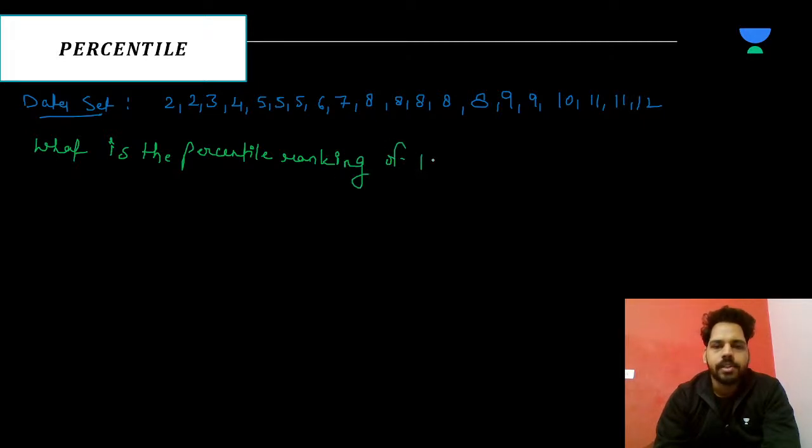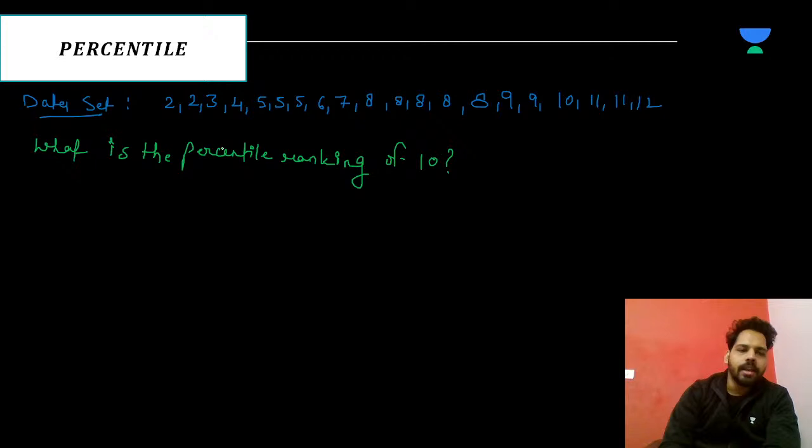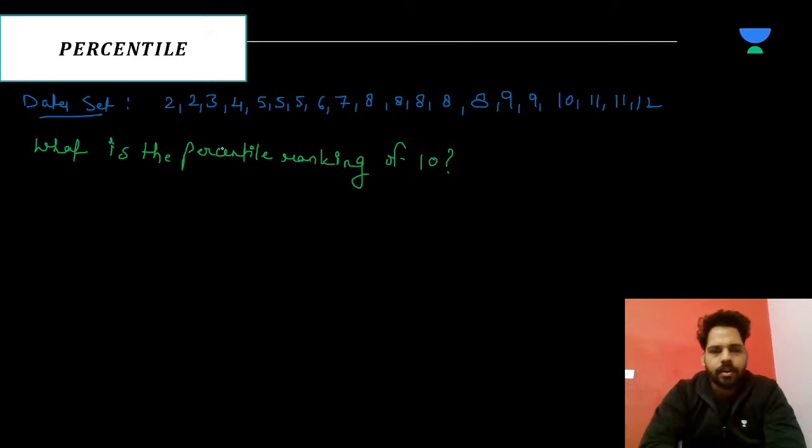That means we have to check how much percentile 10 is, right or not? Now the question comes: percentile ranking means we just take out the percentage and tell the ranking? No, it doesn't mean that. Percentile ranking is quite different from percentage. How? I'm just going to tell you.